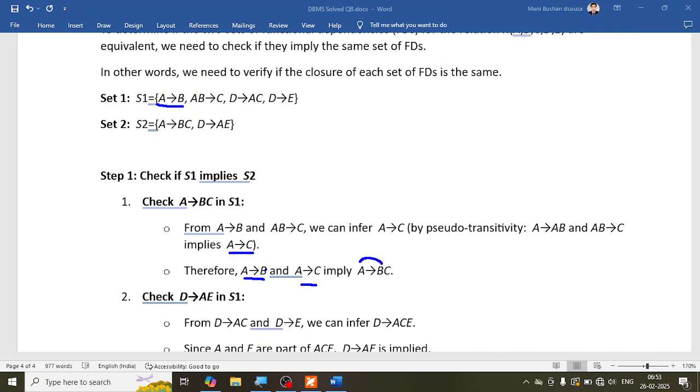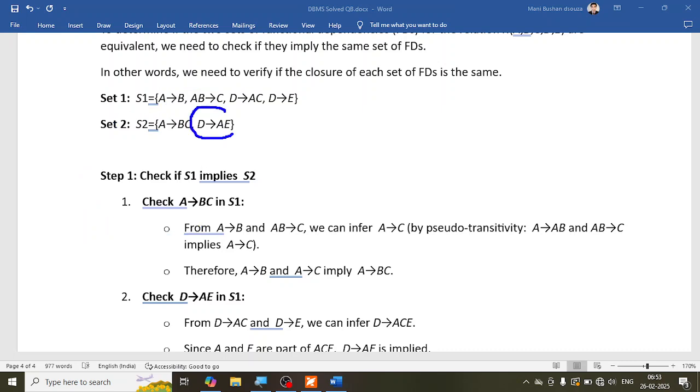So A can derive B, A can derive C, directly I can say A can derive B and C together. Done. So I have proved that A derives BC can be obtained by combining these two dependencies. So the first part is over.